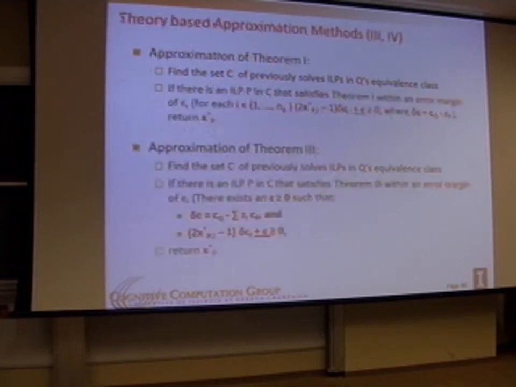What I really want are approximation versions of the theorems that I showed, and let me just focus on the last one. I need to satisfy the conic combination condition, and rather than the dominance condition that I had, I'm going to relax it by epsilon. I'm going to say the coefficients of the objective are going to dominate the old objective, but I'm going to allow some slack of epsilon.